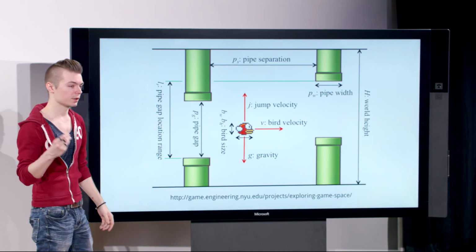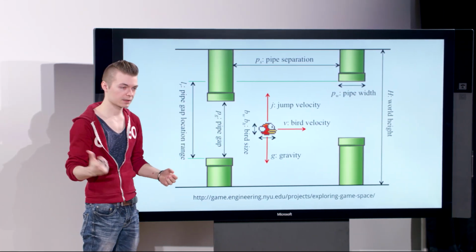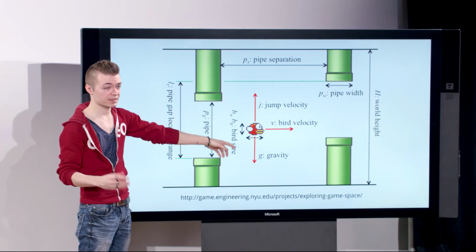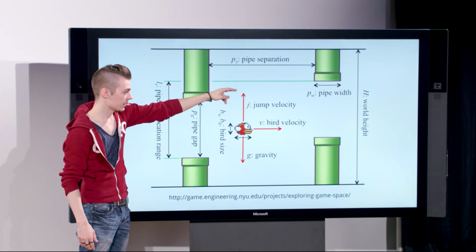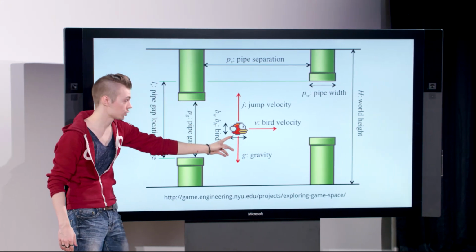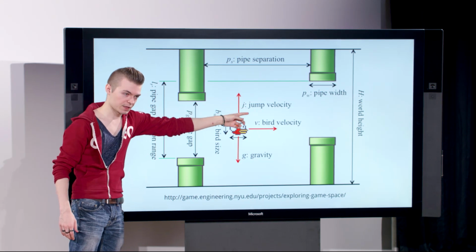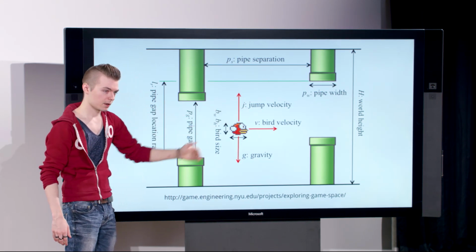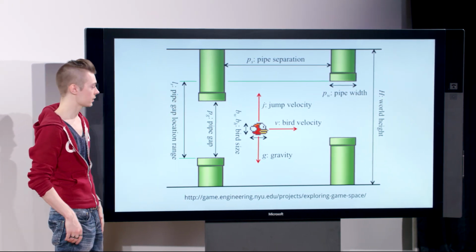But since we're applying gravity frame by frame, this value that we set before, 20, is going to have the effect of 20 times delta time, so it gets effectively divided by 60. It's going to counteract this again. So we're going to shoot up pretty fast, but gravity is going to start taking hold immediately after, and we're going to start getting the effect of our bird jumping and then falling down to the ground.